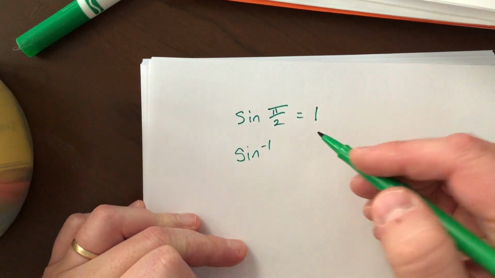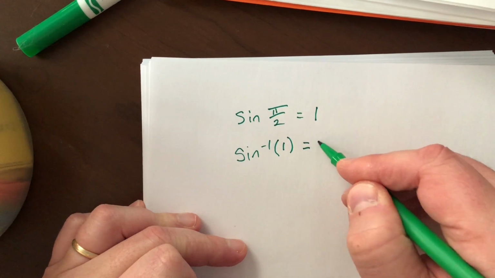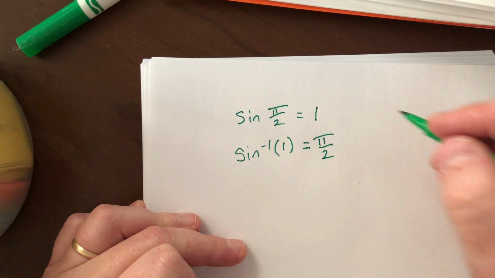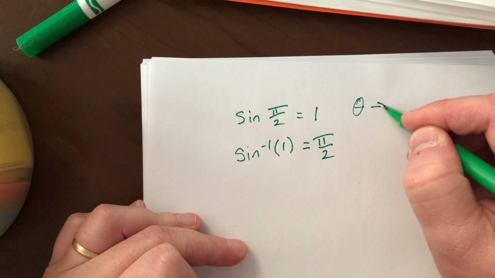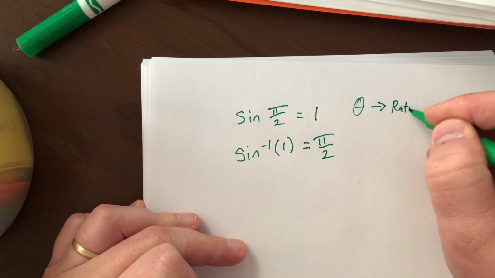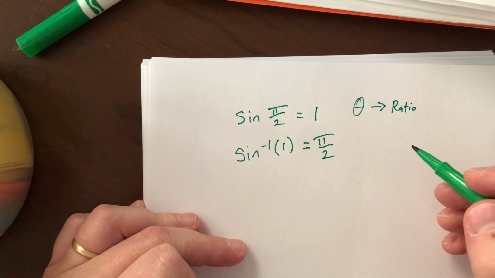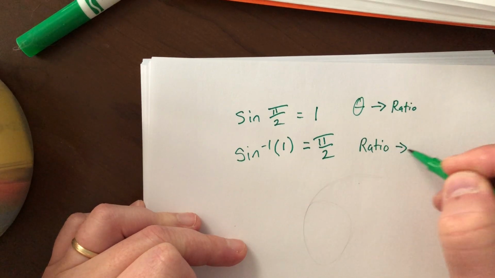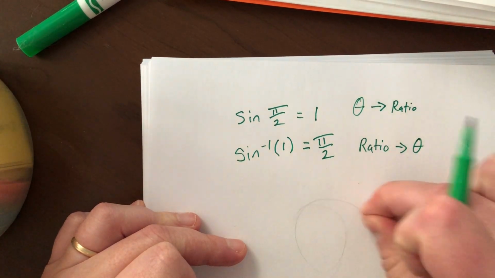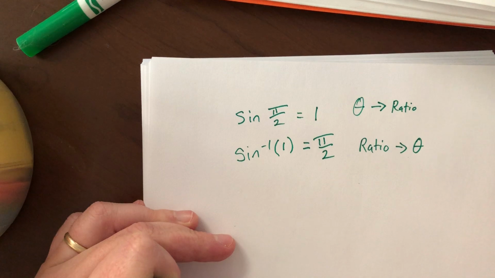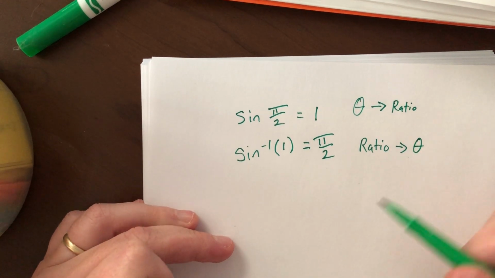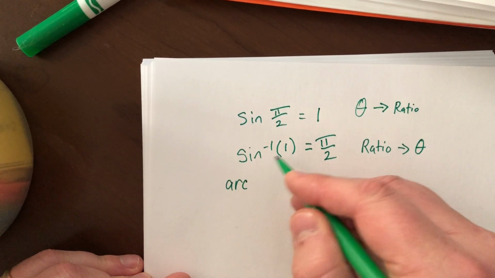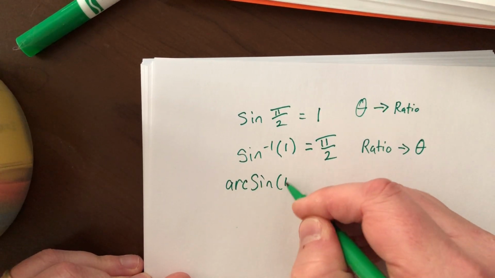Inverse sine, you plug in a ratio, you get out an angle. So this was theta in, ratio out. Inverse sine is ratio in, theta out. That's true for all of these. And remember that they can say sine inverse or arc sine.